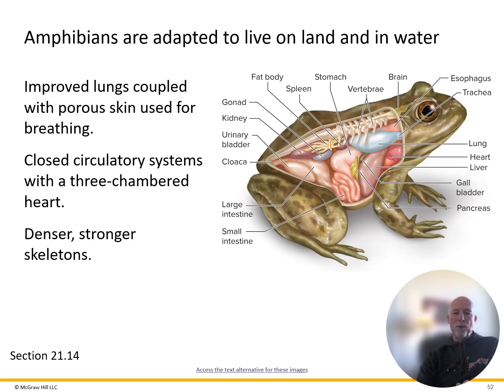They have to reproduce by laying eggs or sperm in pretty moist environments. They do have lungs, but they're not very well developed. Here's the lung, it's just not very well developed in the amphibians. So they still diffuse oxygen and carbon dioxide out through their skin. That's why they need moist environments. Pretty developed circulatory system.